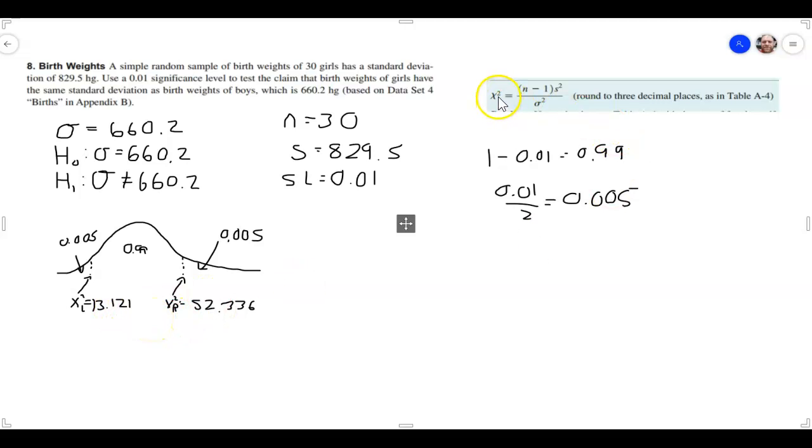crunching numbers wise, is putting everything into this, figuring out what that test statistic is, seeing if it's in a tail, or seeing if it's in the main body.